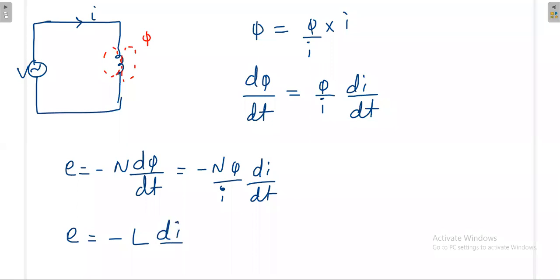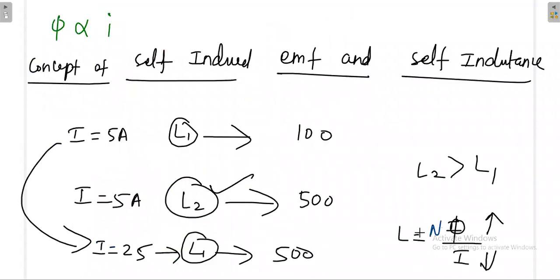Some constant. Why am I taking it as L? Because just now we have seen the properties of L. You apply current I, it produces nφ, so output divided by input is like an inductor. For I current, how much flux it is producing, that is the ability of the inductor. If its value is more, it will produce more flux for a given current.